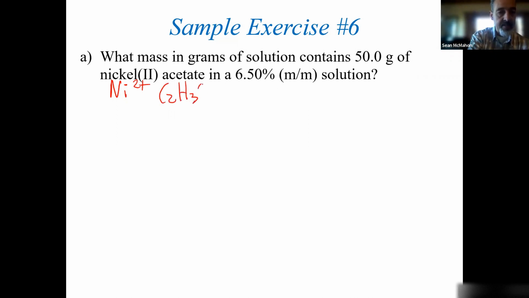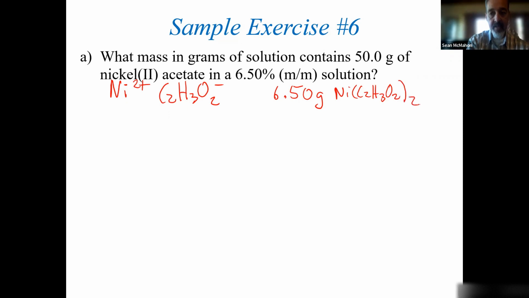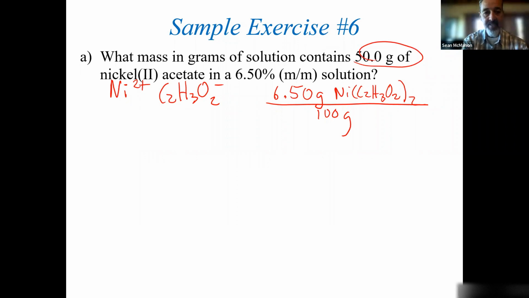Acetate, 1 minus, we're going to crisscross. So I have 6.5 grams of nickel(II) acetate, so I need 2 acetates per nickel, per 100 grams of solution, right? But I want 50 grams of the nickel(II) acetate.